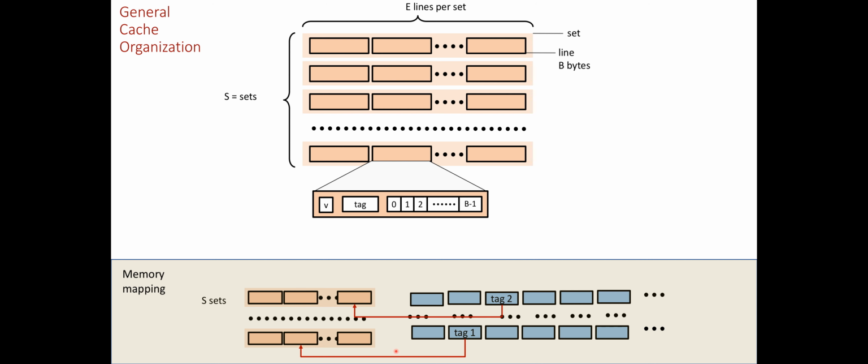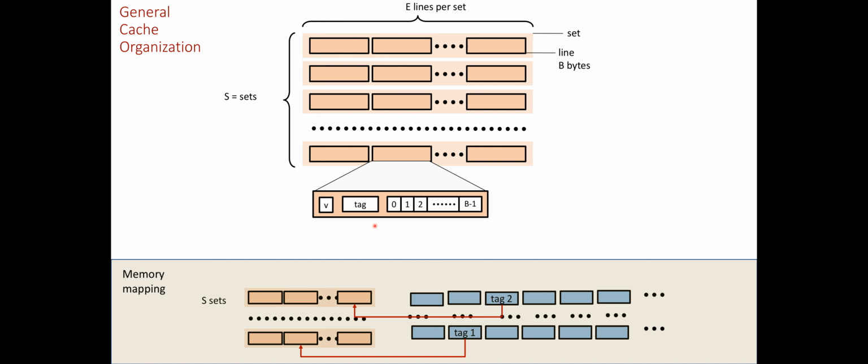It has not only the data from a block in memory, but it also has the information about which tag it is, because remember, any tag could be in any one of these blocks. And so there's a little bit of information about which tag is stored in cache at that moment in that line.